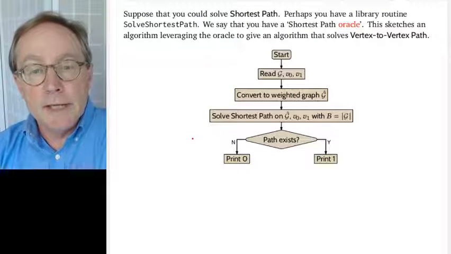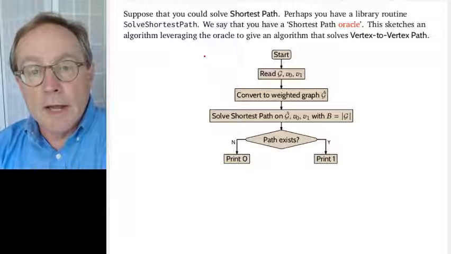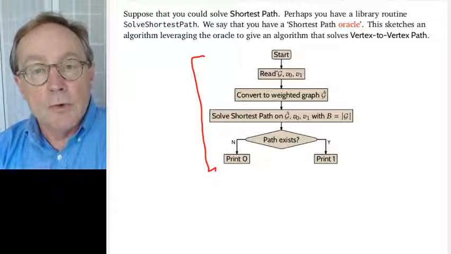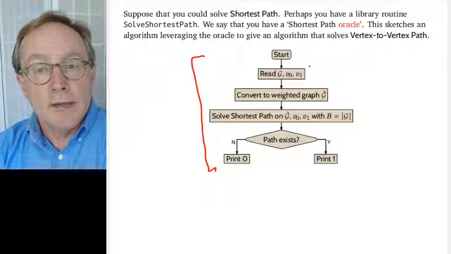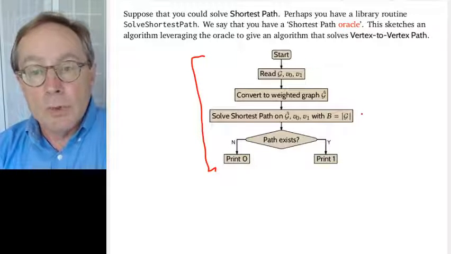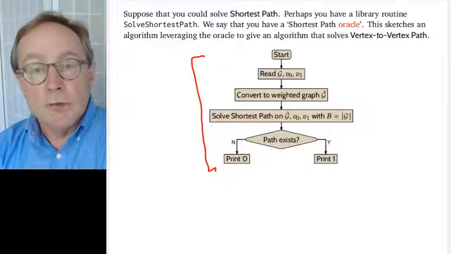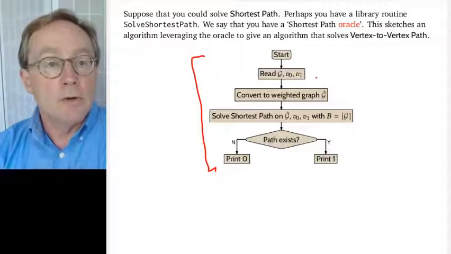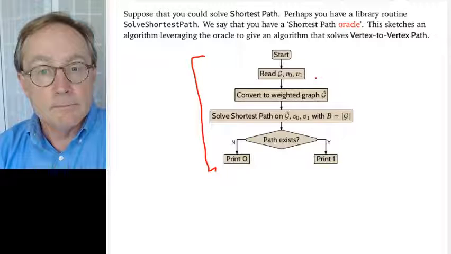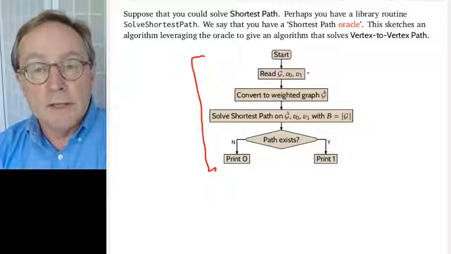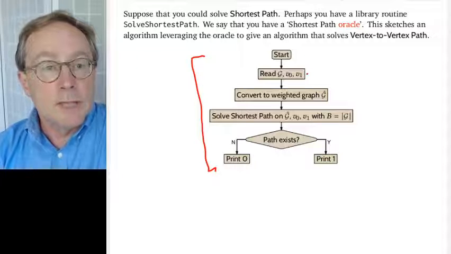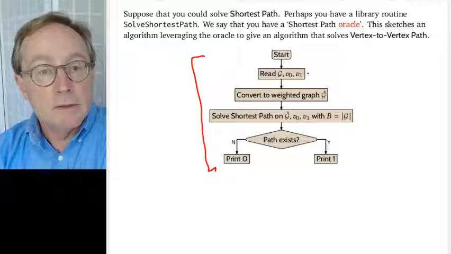So here's the idea, and it's straightforward. I've written an algorithm here that tells you how to convert a question of is there a path at all into a question of is there a shortest path. So if you could solve the shortest path problem, then you can solve the is-there-a-path-at-all problem. Very straightforward. You read in the question about whether there's a path at all, written as a triple because that's what it said on the prior slide.